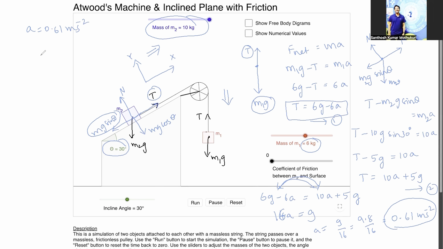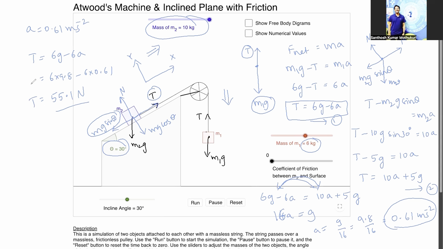So I'm taking T is equal to 6g minus 6a. 6 times 9.8 minus 6 times 0.61. The answer is 55.14. So I am taking 55.1 Newton approximately.